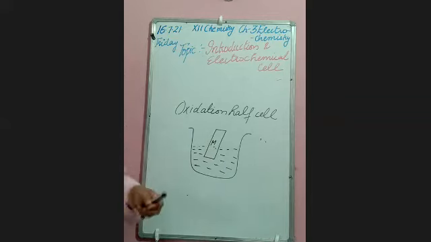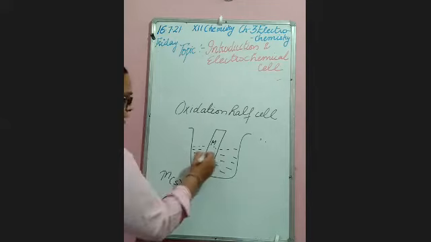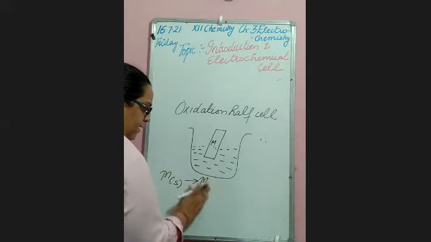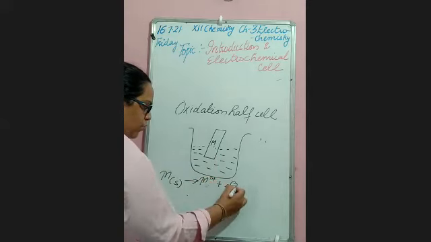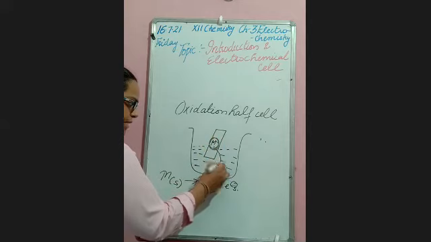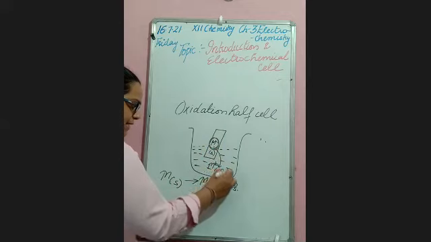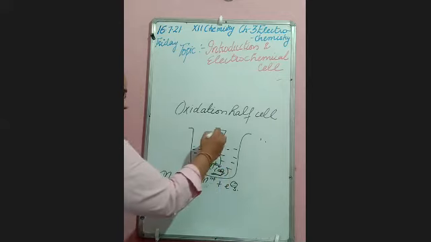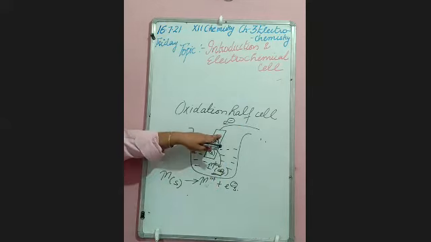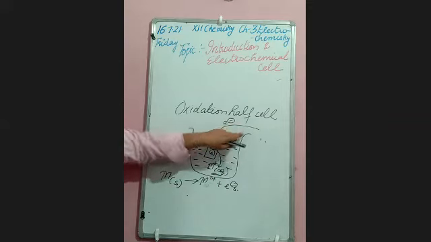So this metal, which is present in solid state, will start losing its electrons and form M^n+ plus electrons. The solid metal will be converted into metal with whatever charge is present on it, in aqueous state, plus electrons. The electrons will start flowing because this electrode is connected to a wire.